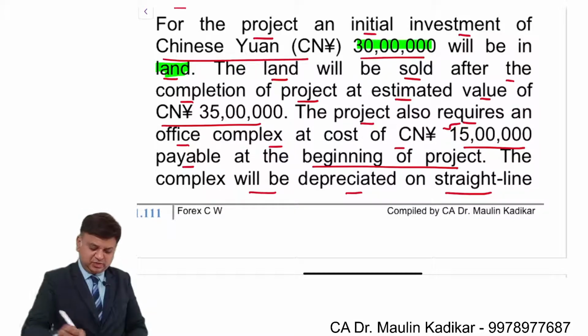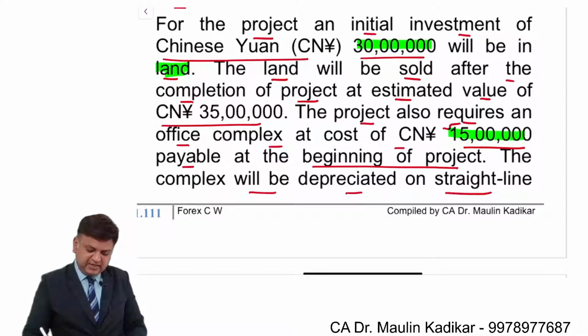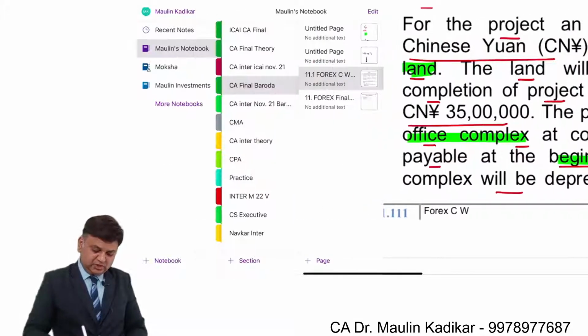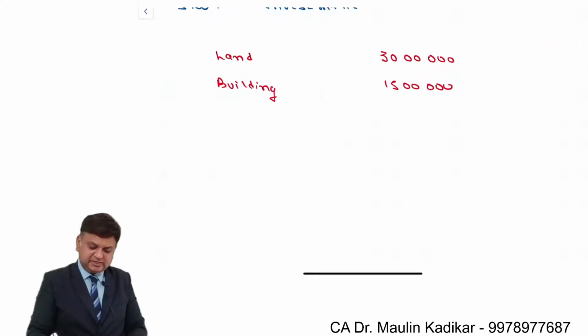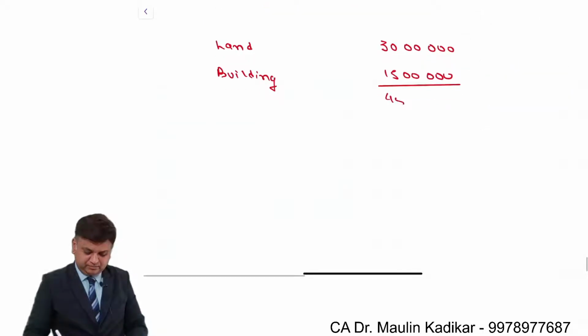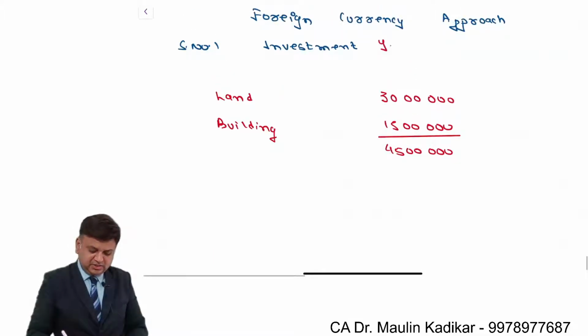That is year 0 cash outflow, and 15 lakhs at the beginning of the project for the office complex. So the total investment that you are required to make is very simple to calculate. It is an amount of 45 lakhs. That is year 0 cash outflow. This is in the year 0. Okay.